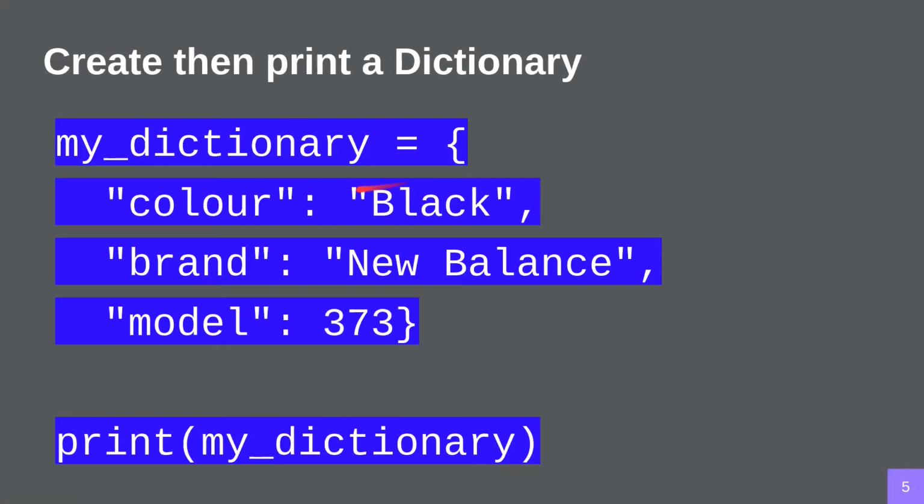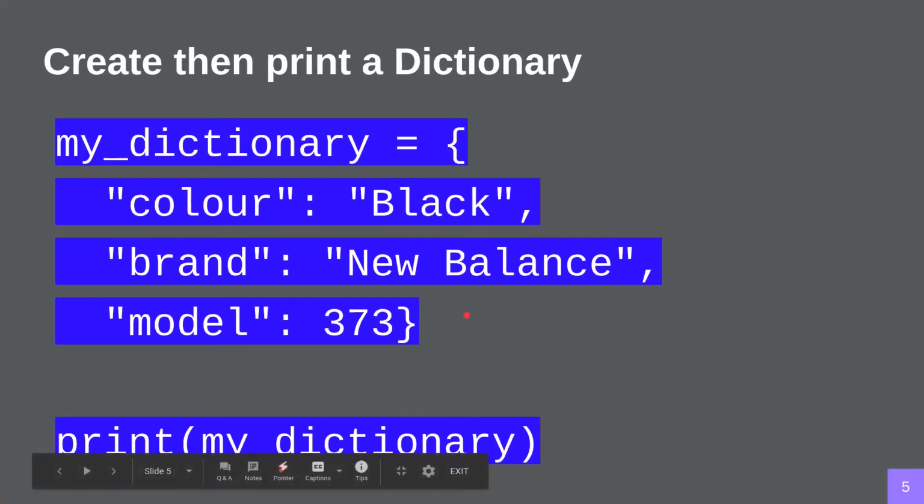So here we have a dictionary about trainers, and I've created the key, colour, and I've assigned a value, black, brand New Balance, model 373. Print my dictionary will print this out.